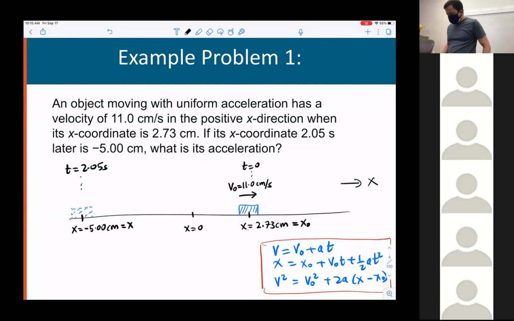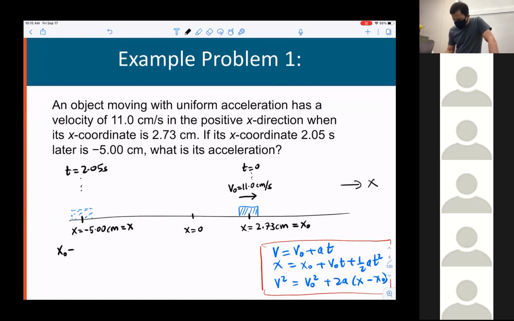right? And so if I collect that, what do I get? I get that x naught here is 2.73 centimeters. I get that my final x is -5 centimeters. V naught is equal to 11 centimeters per second, and t is equal to 2.05 seconds.